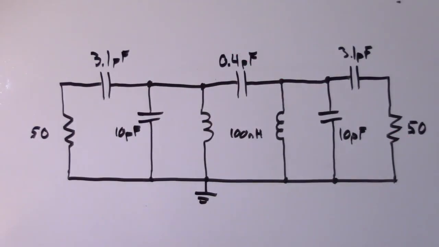Now you can easily pick up a picofarad of capacitance just from the stray capacitance on the board. Not to mention, these inductors, if you want high Q inductors, will typically be hand wound, so they're not going to be exactly 100 nanohenries or whatever your nominal value is there. So these are going to change the center frequency of your bandpass filter, and they can change it quite drastically.